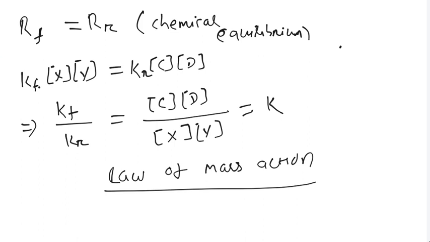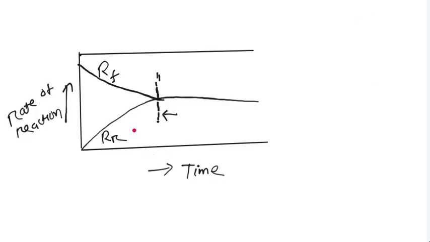If you represent R forward and R reverse in a graph, this is a graph where you can represent the forward and reverse reactions, where this is the time and this is the rate of reaction. R forward will always decrease and R reverse will increase gradually.